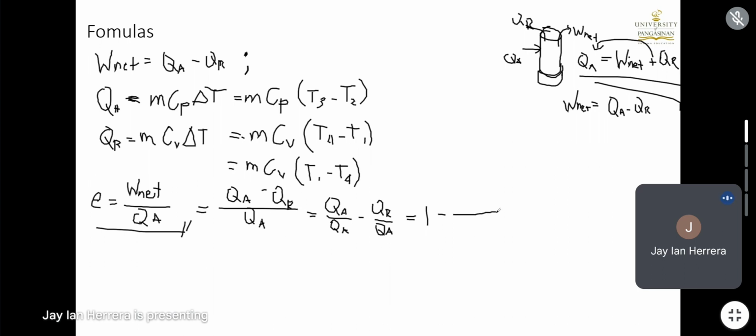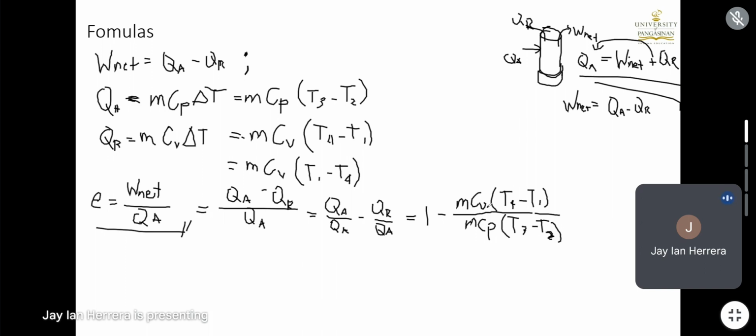And then, pwede natin i-rewrite yung QR and QA as MCV delta T niya, that is T1 minus T4, nating T4 na lang since dito tayo magbabase sa negative T4 minus T1, over MCP T3 minus T2. Yan.